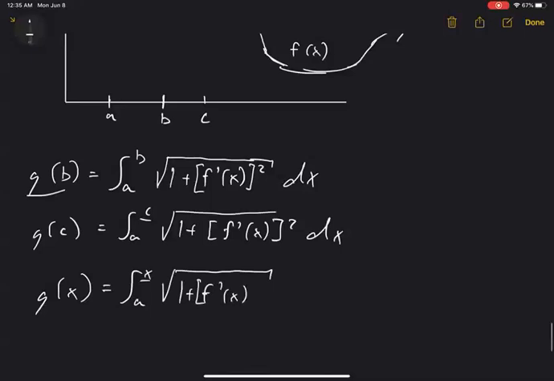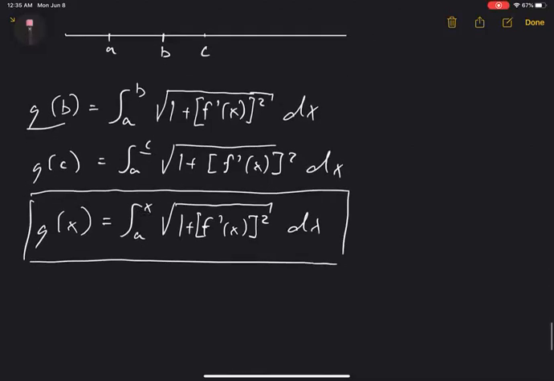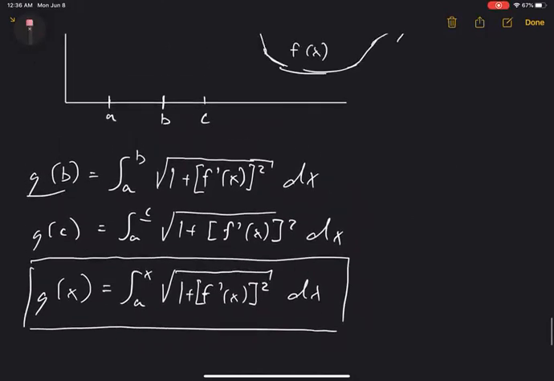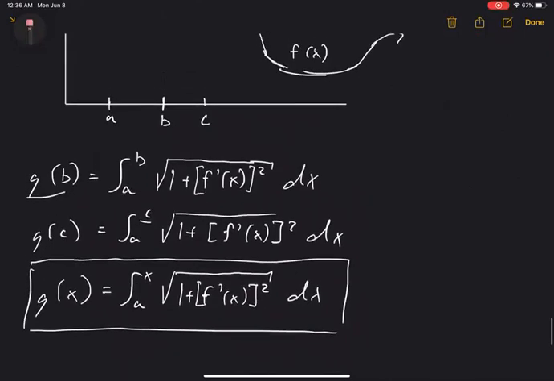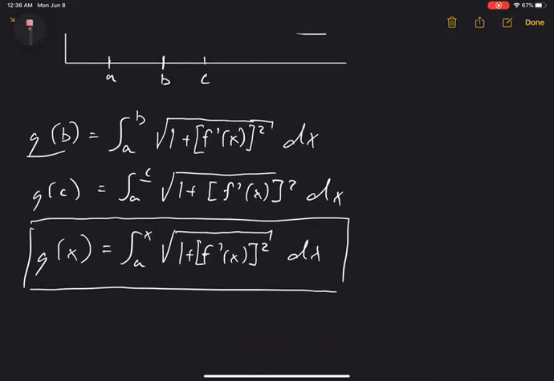We call this our arc length function. Meaning if I plug some value for x into the right side of my equation, it's going to give me my arc length. It's maybe something you're going to deal with on the homework a little bit. They might ask you to write the arc length function for some curve. But it's not anything too complicated.